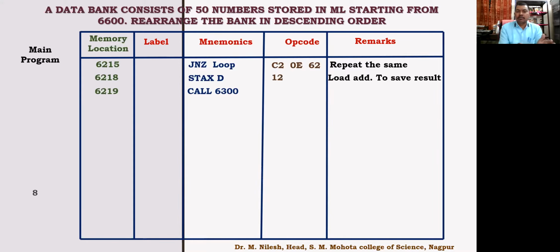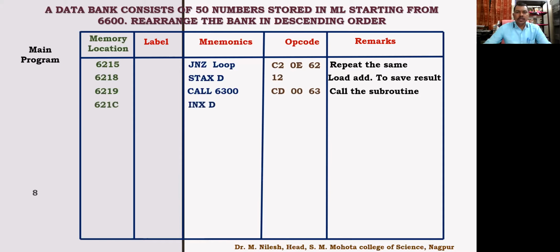But if you do not replace this number with FF, it will again and again give you the same number. So we are replacing it, and for that we have written the subroutine. So we are calling that subroutine. 6300 is the memory location where we have written that subroutine. So this is to replace the first smallest number by FF, right?